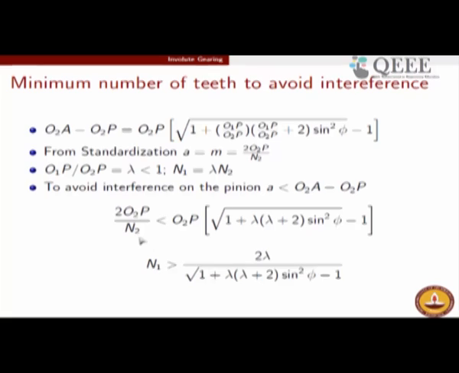Finally, we first get N2 to be greater than a certain number, and then N1, the number of teeth on the pinion, is given by lambda times that, which works out to be this formula. So, what we have found is that the pinion must have a minimum number of teeth, and if it has this minimum number, you are sure that interference can be avoided. This arises not from strength considerations, but from kinematic considerations.